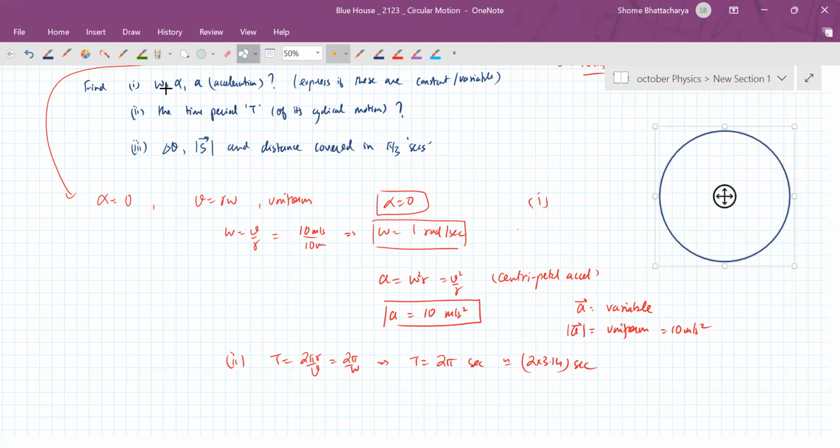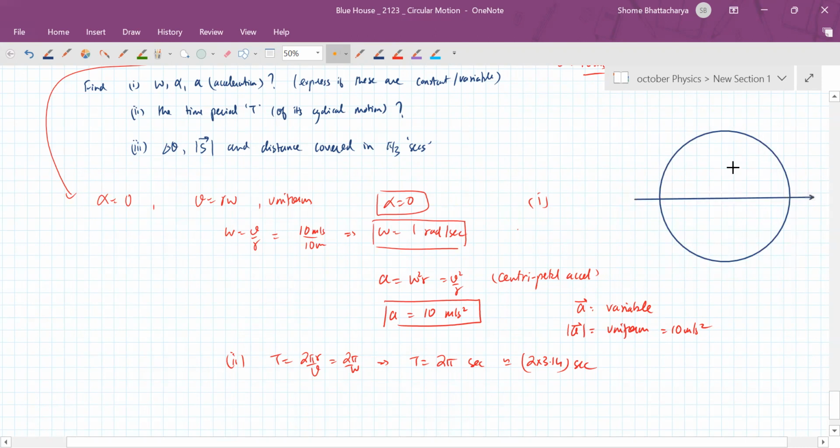So wherever the particle is located, it has an acceleration of magnitude 10 meters per second square, pointing towards the center.